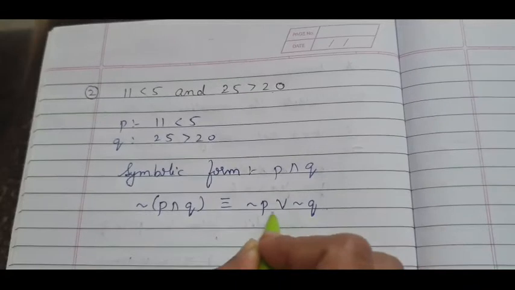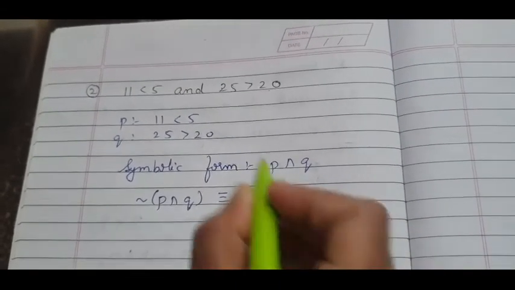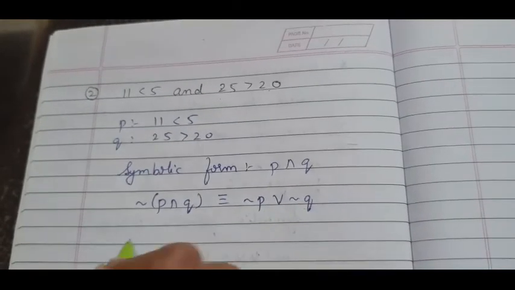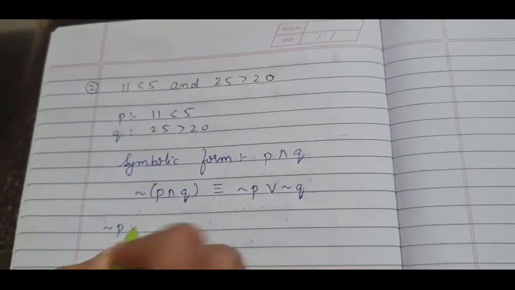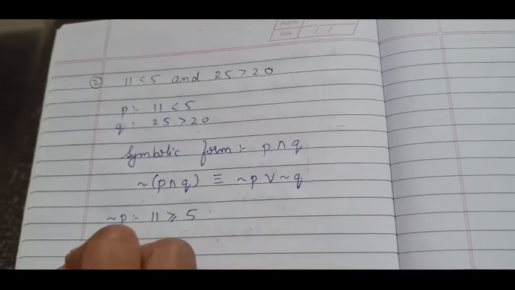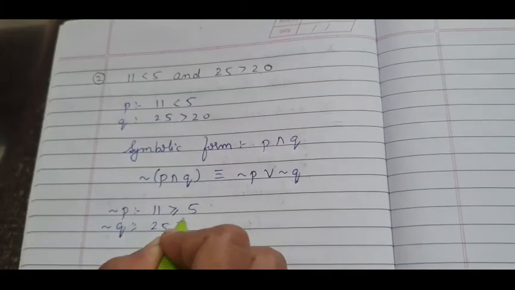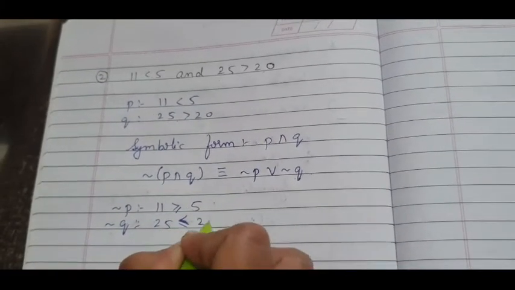So negation P or negation Q is our answer to this question. We require negation P, which will be 11 greater than or equal to 5. Negation Q will be 25 less than or equal to 20.